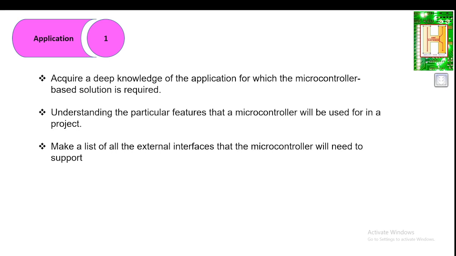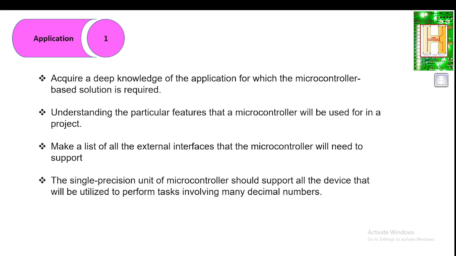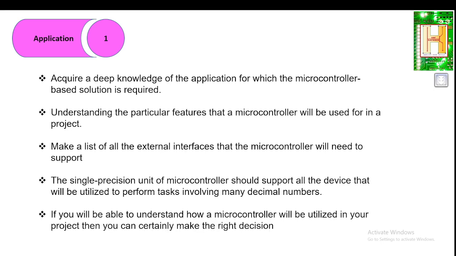Next, make a list of all the external interfaces the microcontroller needs to support or control. A single microcontroller unit should support all the devices which will be utilized to perform the tasks involved. If you are able to understand how the microcontroller will be utilized in your project, then you will certainly make the right decision.